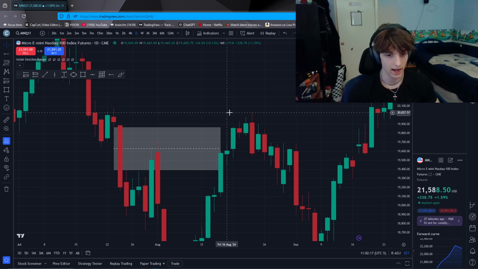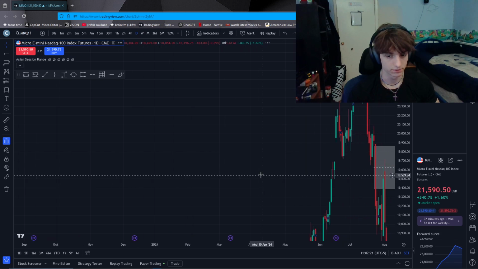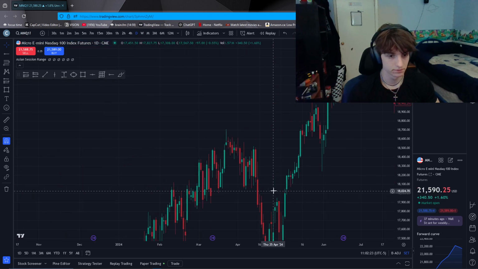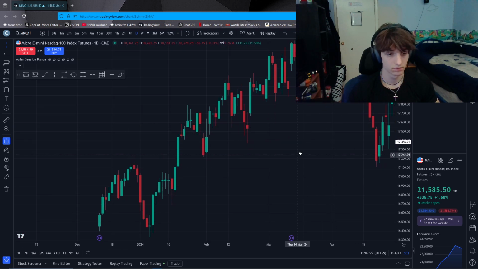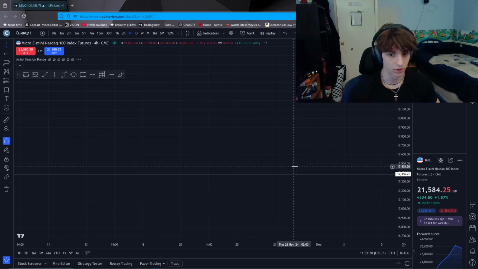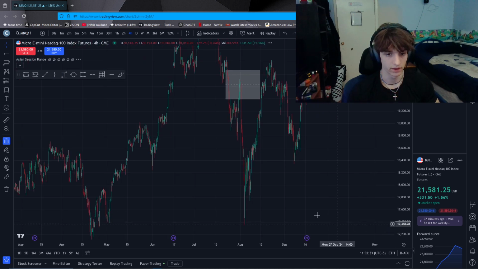versa for highs. Let me find a nice liquidity sweep here for a high. I'm gonna go back on the 4 hour for this. Where are my candles? Okay.